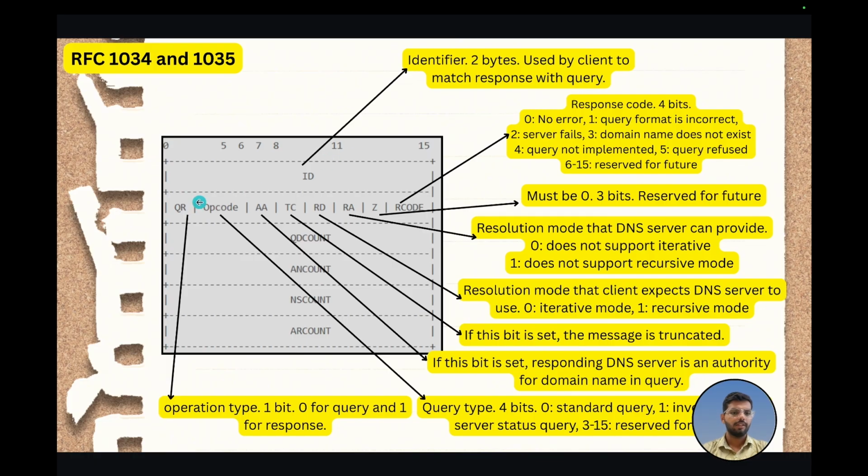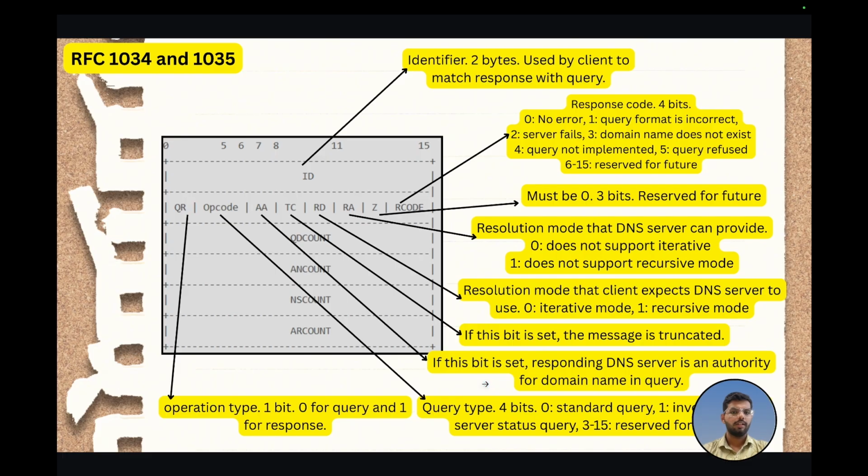Now we have QR, which is the operation type, meaning whether we have a DNS query or a DNS response. According to that, the value here will be 0 or 1. Now the OP code, the query type.